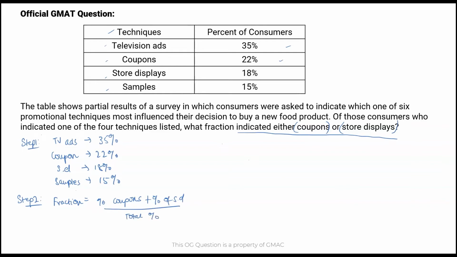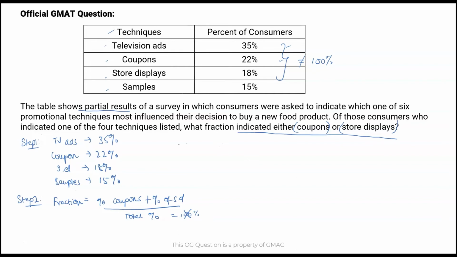Now many of you might make the mistake of taking the total percentage as 100%, which is wrong, because if you read the question carefully, the question states that the table shows partial results. So these percentages may not add up to 100%. So you can easily verify instead of making a simple calculation error.